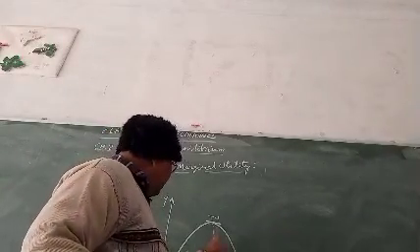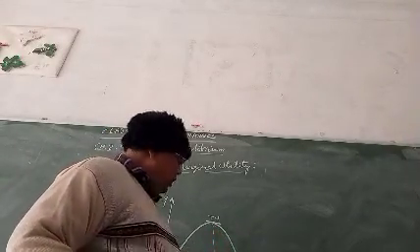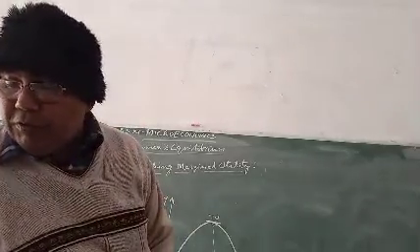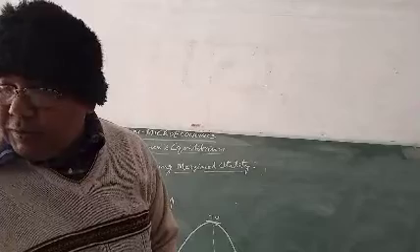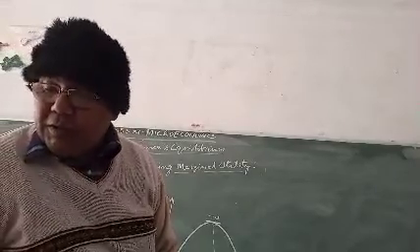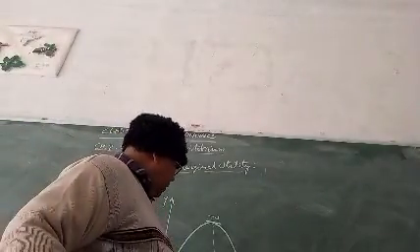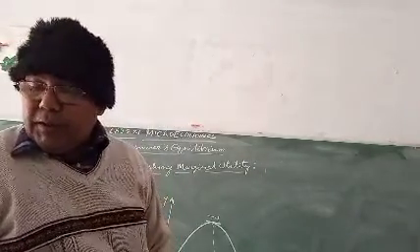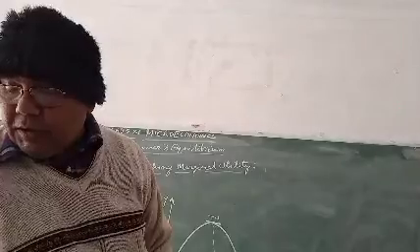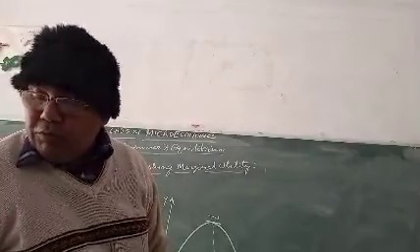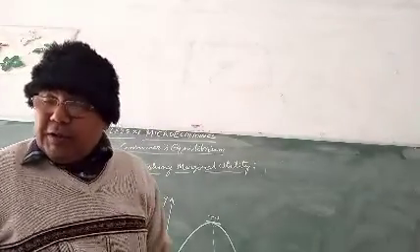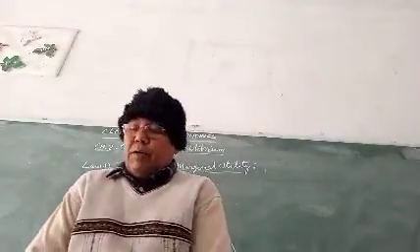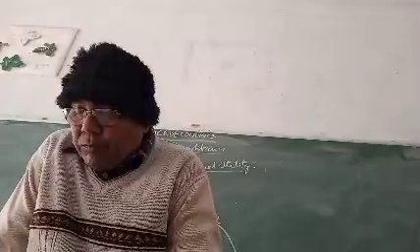Fourth, total utility is the summation of marginal utility. And fifth, the MU curve is the slope of the TU curve. These are the relationships between total utility and marginal utility.